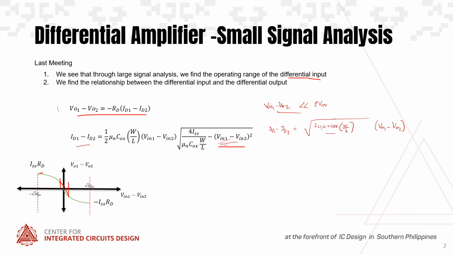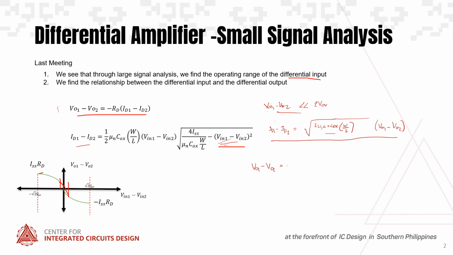And with that, our ID1 minus ID2 is equal to the square root of ISS mu n COX W/L times Vn1 minus Vn2. With this new ID1 and ID2, we can get our differential VO1 minus VO2. We just substitute our ID1 minus ID2 here.